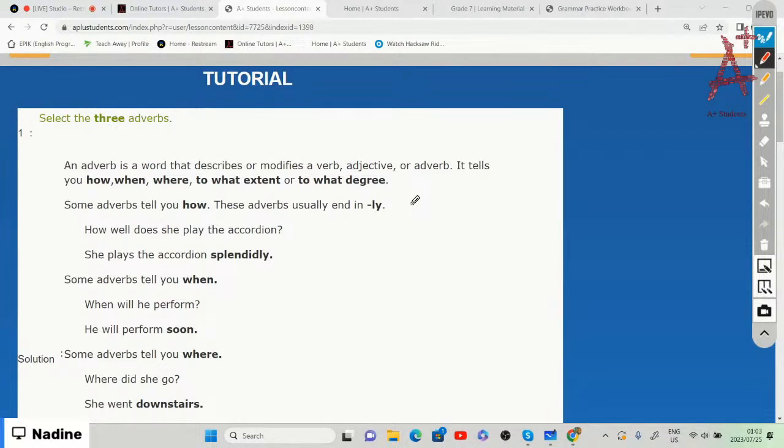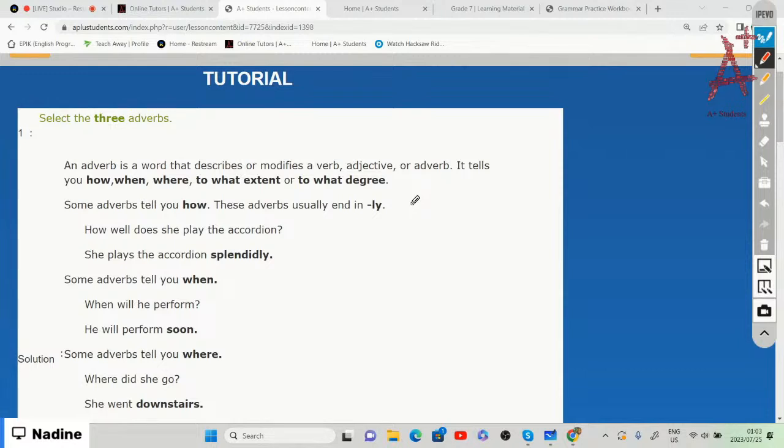So an adverb is a word that describes or modifies a verb, an adjective, or an adverb, and it tells us how, when, where, to what extent, or to what degree. So that is an adverb.